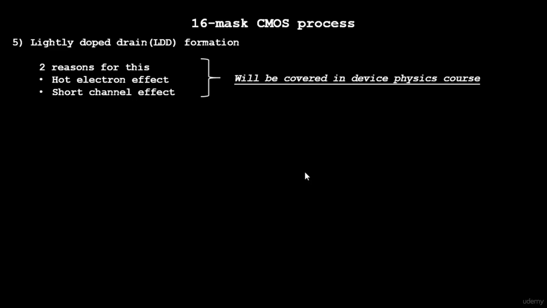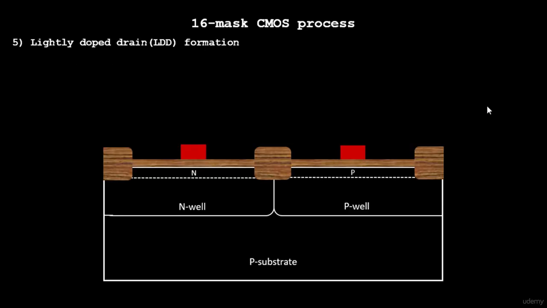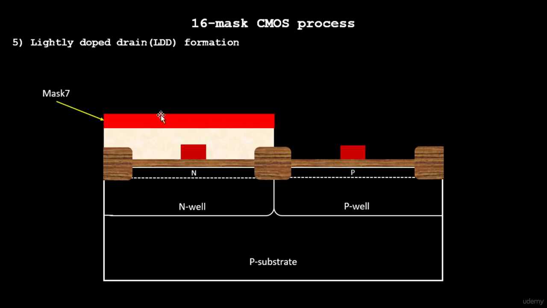Next, we have to fix the oxide. This oxide already has a lot of damage because of the implantation steps that we have done. So we'll remove this particular oxide using hydrofluoric acid. Hydrofluoric acid reacts with the SiO2 to remove the oxide. There is some chemical reaction that happens, which I am not getting into, but hydrofluoric acid can be used to strip off or etch off the extra oxide that you see above the P well and the N well.